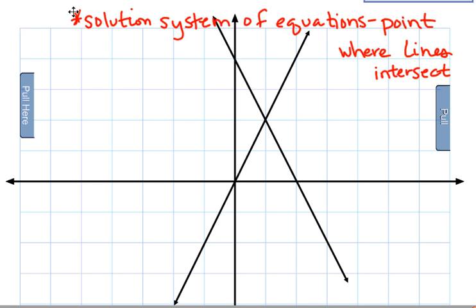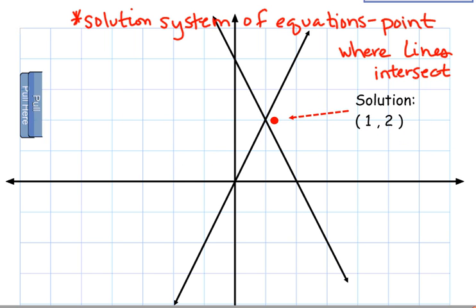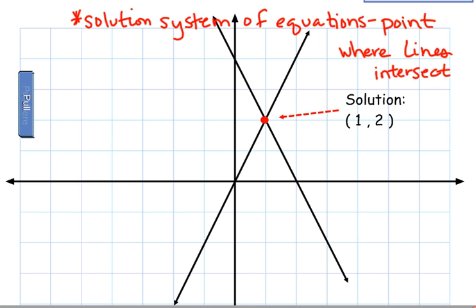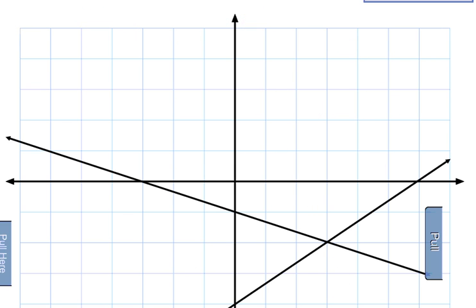So as you can see on this graph, there are two lines, and the answer, or the solution, is that point right there, 1, 2. So the solution to this system of equations is the point where they cross or where they intersect, and in this case, the solution would be 1, 2. Let's go ahead and look at another one.